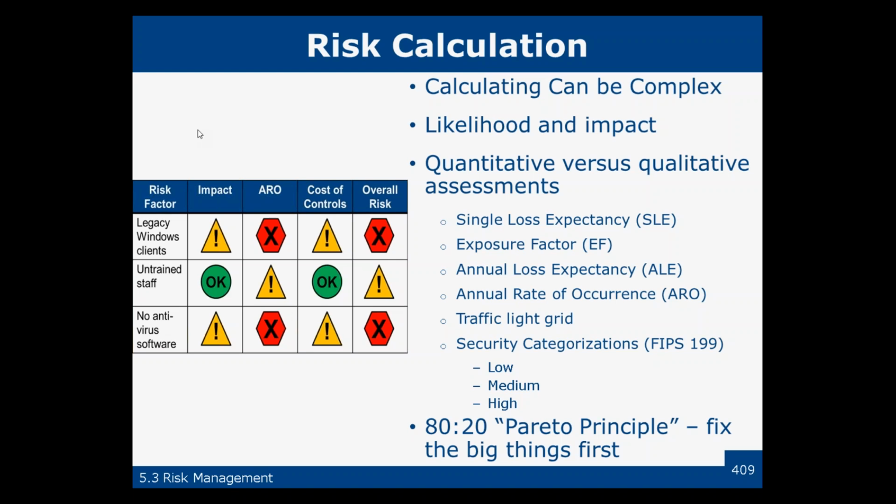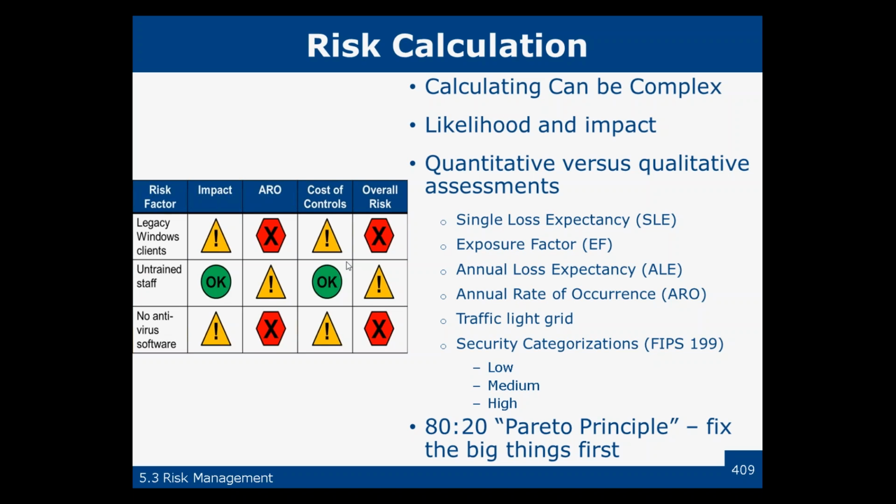Risk calculations, and this calculating can be complex, it can be confusing. What we're trying to do is determine the likelihood and what the impact is going to be on the system. And we can have quantitative or qualitative assessments. The quantitative, the SLEs, and these are kind of the things that I think they love to ask about.